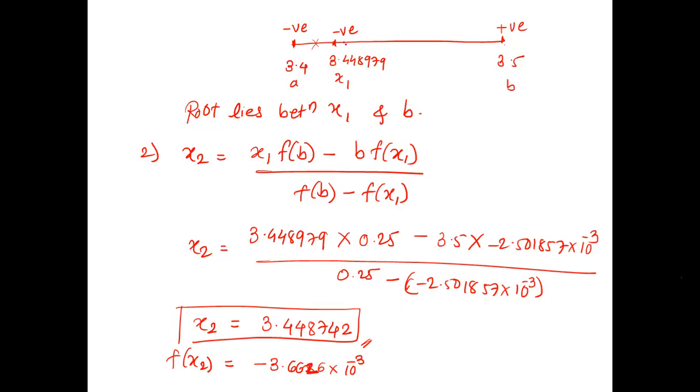So somewhere here we got x2, 3.4487, for which we have again got the negative value, right? So the next root lies between this and this, negative and positive. So take this.